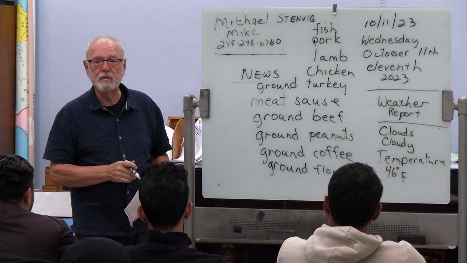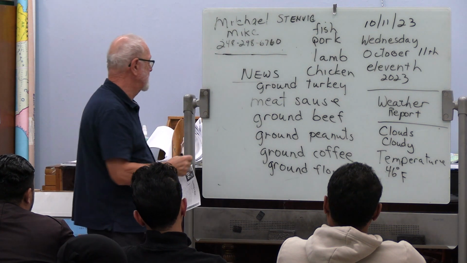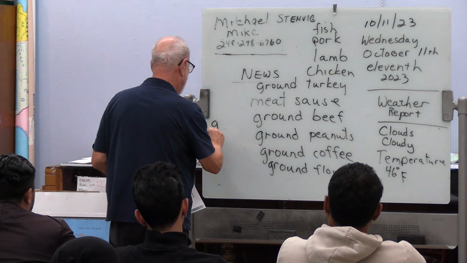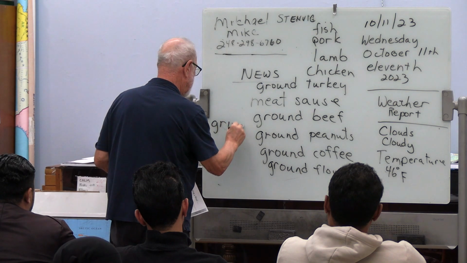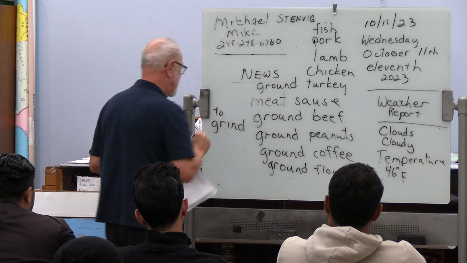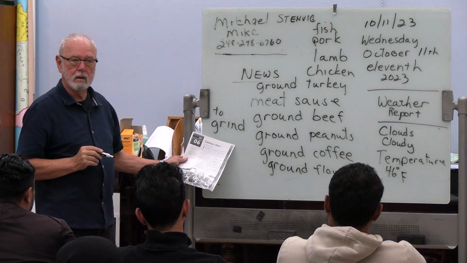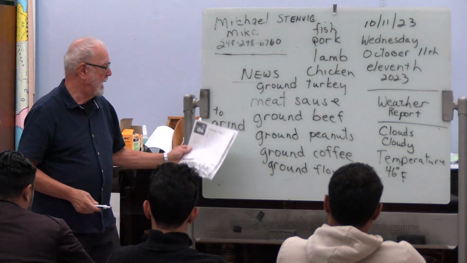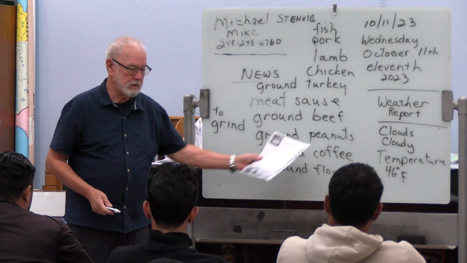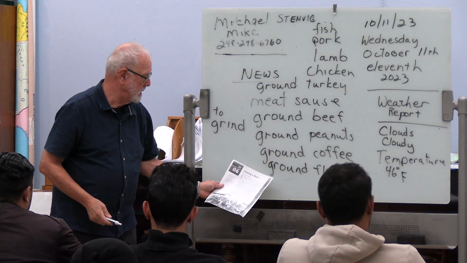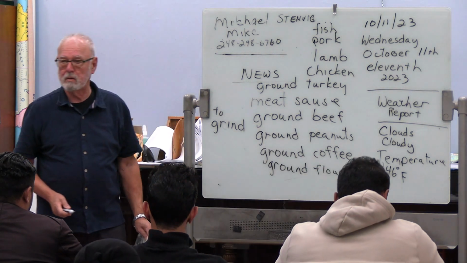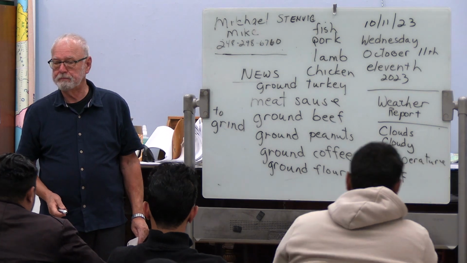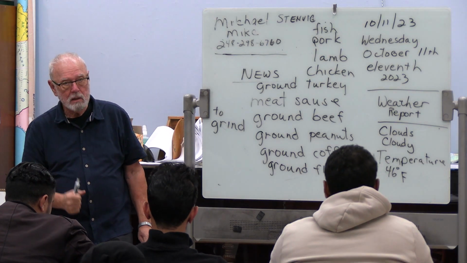The verb is grind. I grind the beef. I grind the peanuts. I grind the coffee. I grind the flour. And now, when it's done, it's ground.